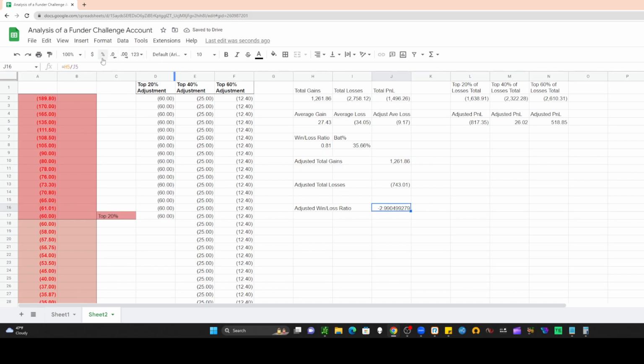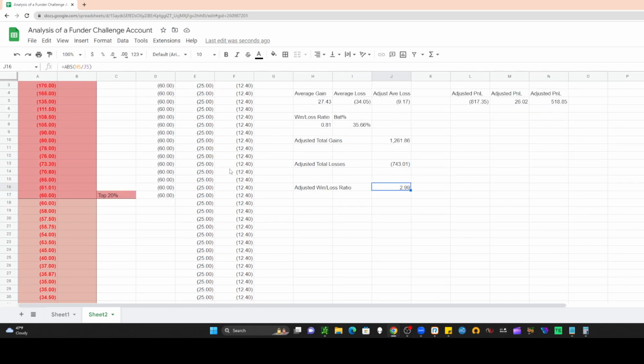Okay, absolute value actually. I should do absolute value, this divided by that. Okay, so now that's my new win-to-loss ratio, which is sitting at 2.99 to 1, right? So even with a 35.6% batting average, if I got this win-to-loss ratio, I still win.